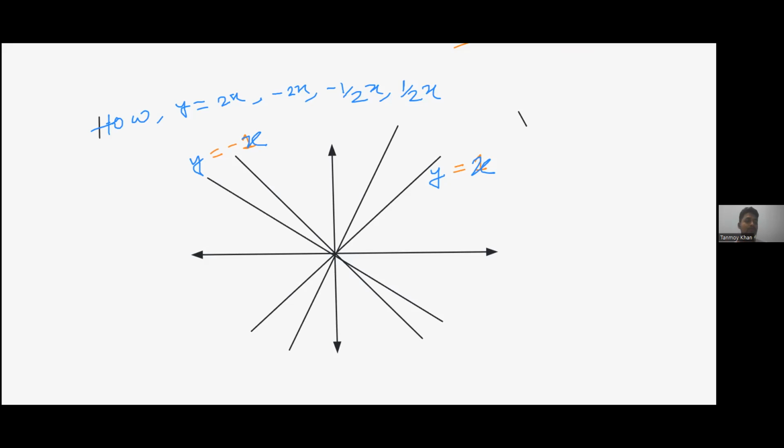And how will half x look? This will be y is equal to half x, right? Half x. This will be y is equal to 2x, right? So it will look kind of like this.